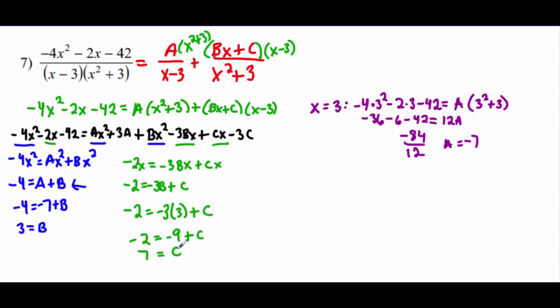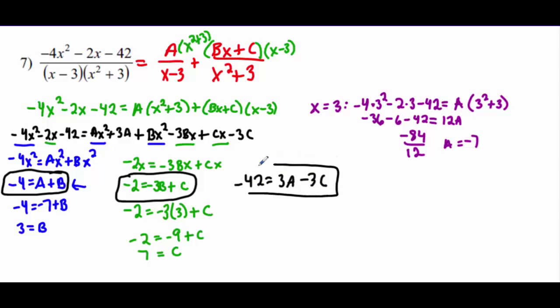If we didn't solve and get negative 7 before we started this, we would have this equation that has a and b, this equation that has b and c, and then we would have kept going and gotten negative 42 equals 3a minus 3c. And so that is a system that has 3 variables. One way to do it is to use elimination, where you're adding 2 of them together to try to get rid of a variable.